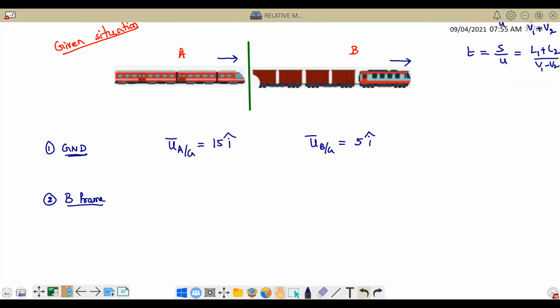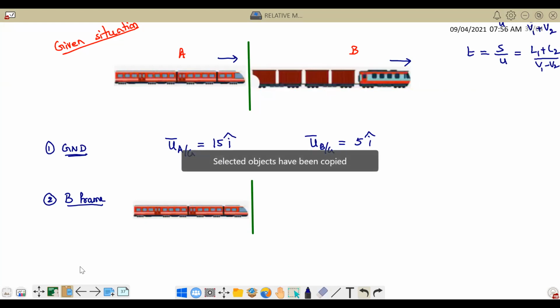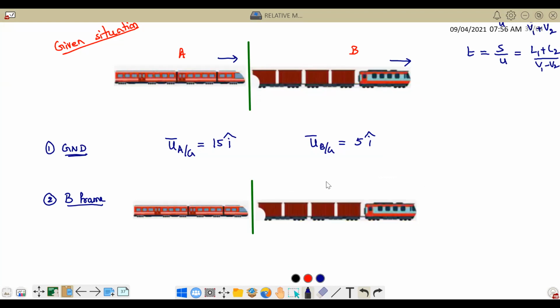Afterwards we can solve that. So now, solving from the B frame means go and stand on B. Now this is A and this is B. Now you are standing on B, which means B is at rest.